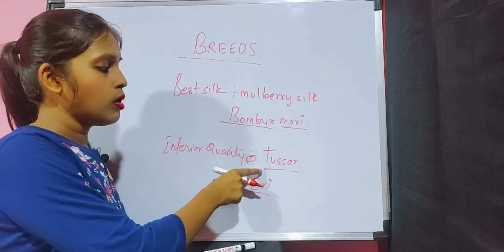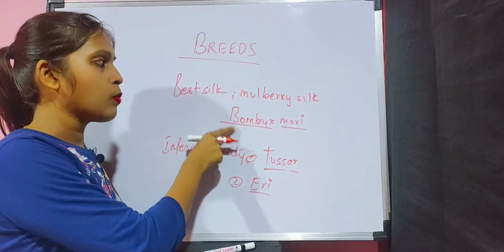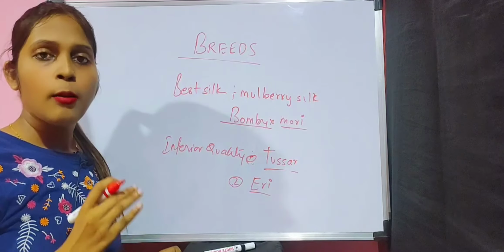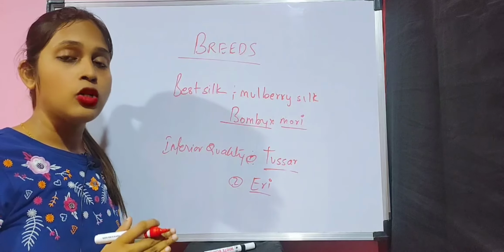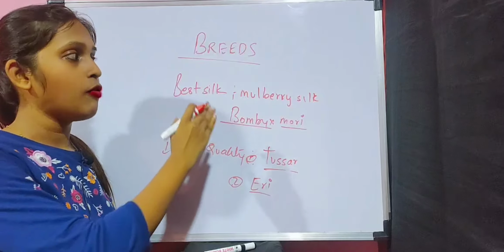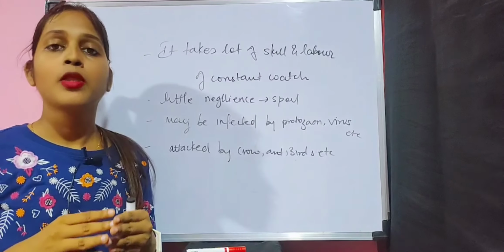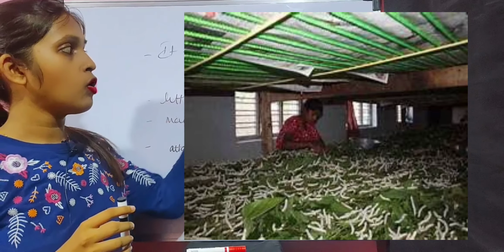So Tussar and Eri are examples of inferior quality. Bombyx mori is an example of the best quality silk. But the quality and the quantity of silk totally depends on the quality of the leaf of the tree.